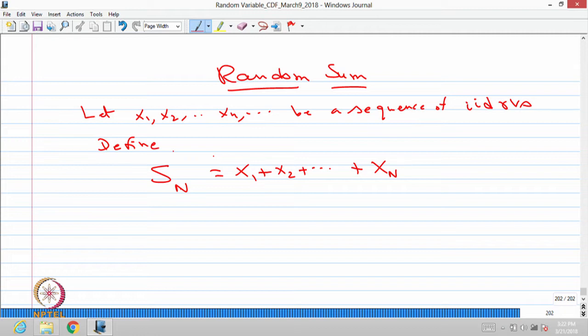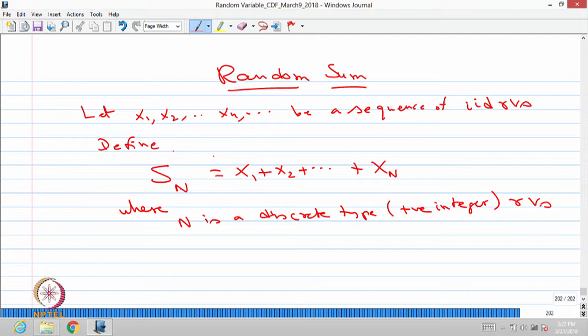This is different from the earlier sum of random variables in the sense I am going to make a capital N, which is a discrete type, in particular a positive integer valued random variable.